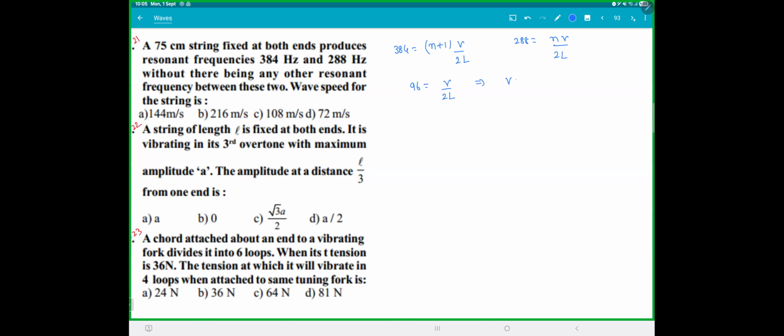So from here we get v is equal to 2 into 3 by 4 into 96, that's 48, 144 meters per second.